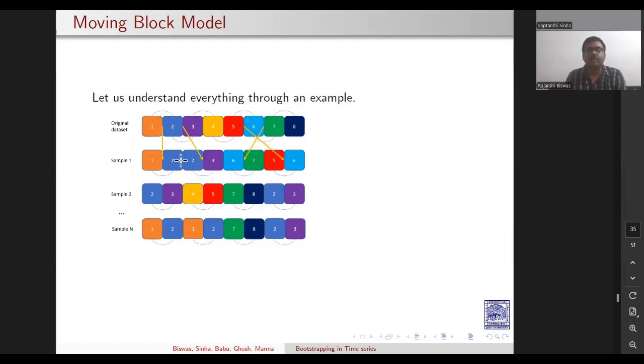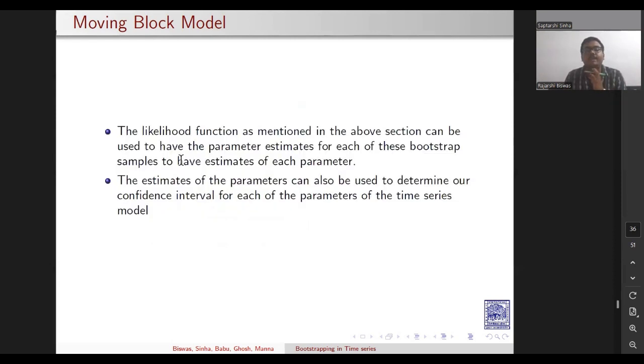This is the procedure of sample selection in the moving block bootstrap. The rest of the procedure is similar: we calculate the likelihood function for each sample, then we can estimate the bootstrap estimates of the parameter, and hence we have our confidence interval and the parameter estimates.